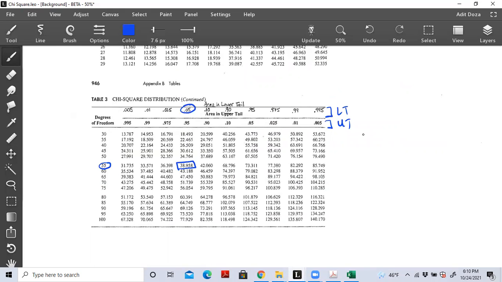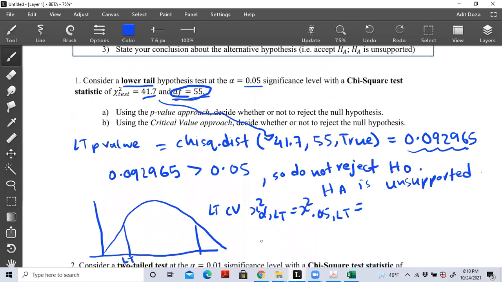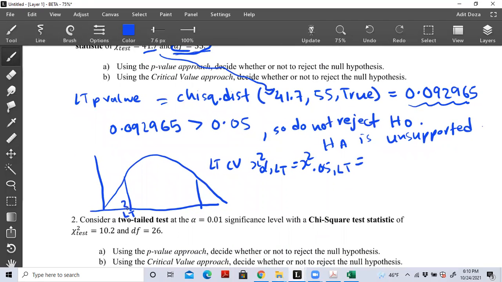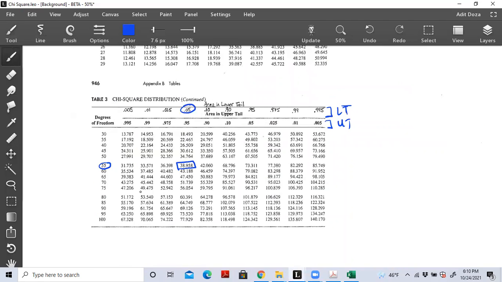So don't forget that the upper row is always the lower tail value. Sometimes you can mix it up if you're not careful. So the critical value is 38.958.